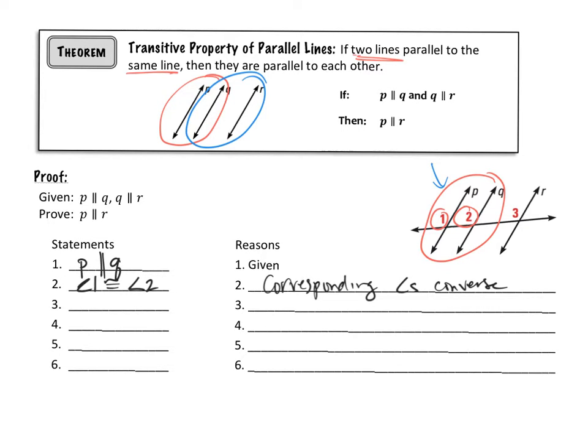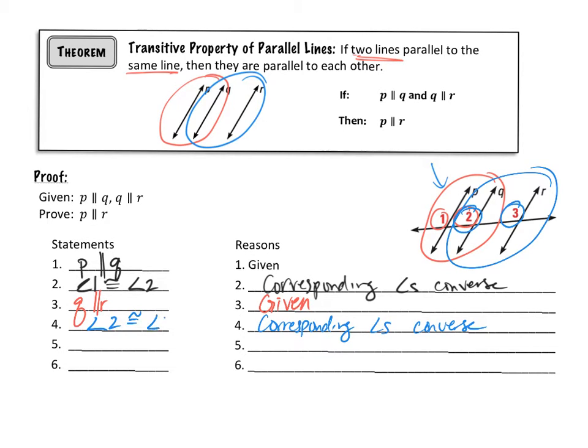So I'm going to write down my next given, that Q is parallel to R, and that's a given. And so now I can look at lines Q and R, and I see that angle 2 and angle 3 are corresponding angles. And so I can use the same corresponding angles converse to say that angle 2 is congruent to angle 3.